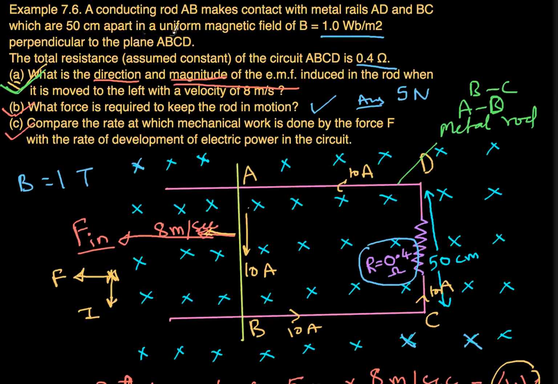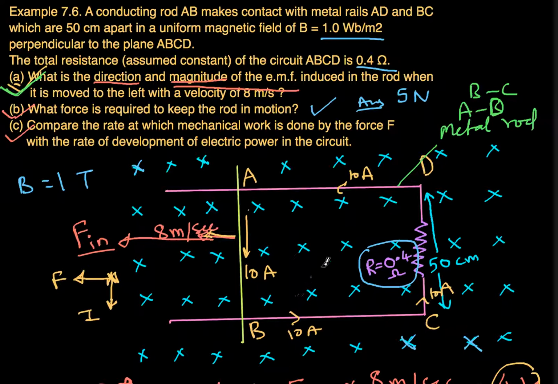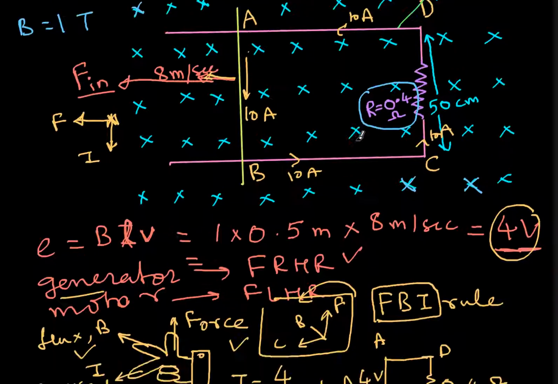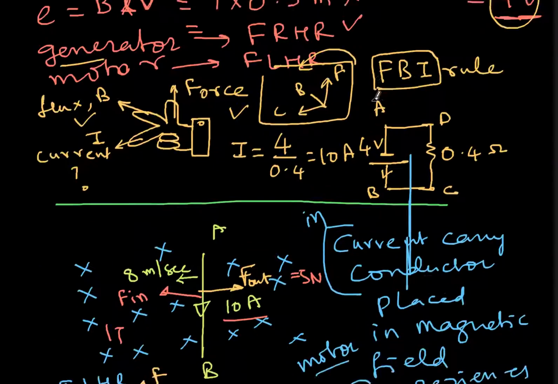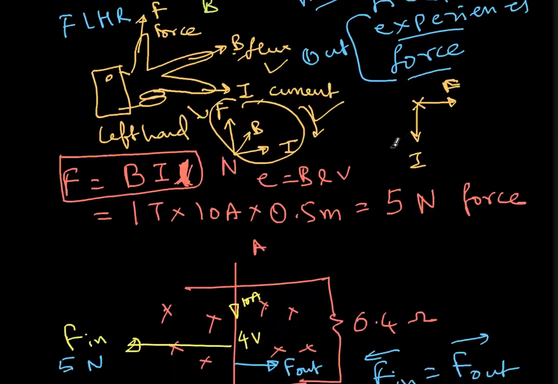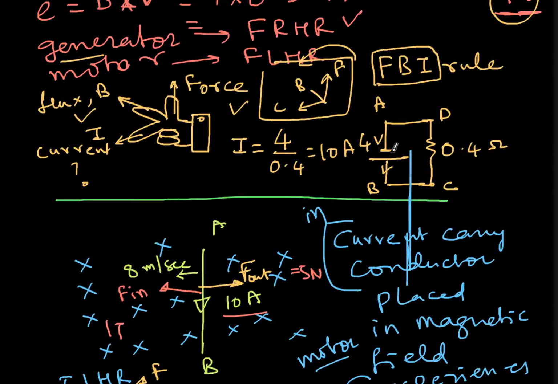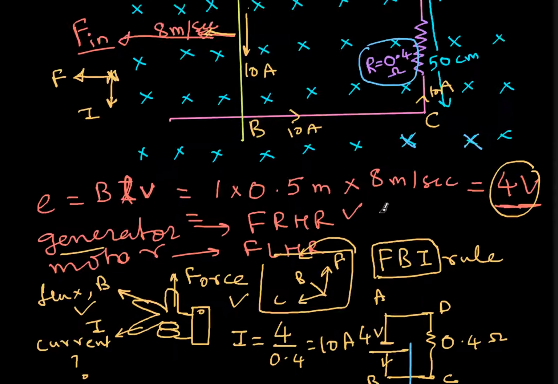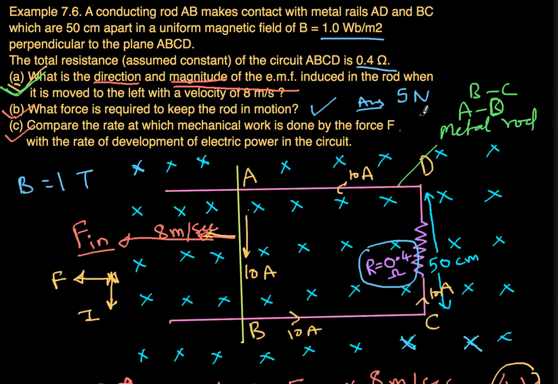This problem has a lot of interesting stuff. It has the working principle of a motor and the working principle of a generator. So how to apply Fleming's left hand rule, how to apply Fleming's right hand rule. So many things are there in this short problem, so it is very interesting. I hope you will learn something from understanding this problem. We'll see more in future videos.